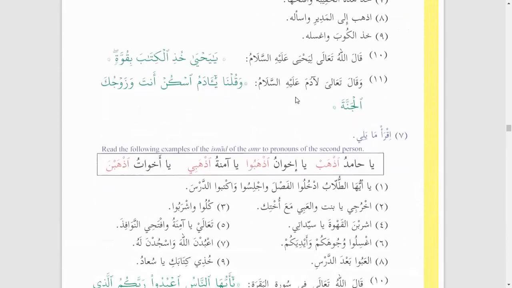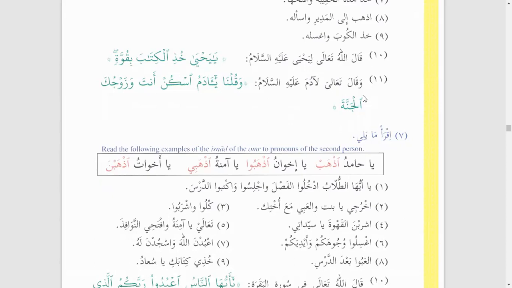Okay, number 10. قال الله تعالى ليحيى عليه السلام يا يحيى خذ الكتاب بقوة. Yes, بقوة. As we can see here, خذ الكتاب. Here we have to connect it with kasra. Take this book with strength. Hold it with strength.